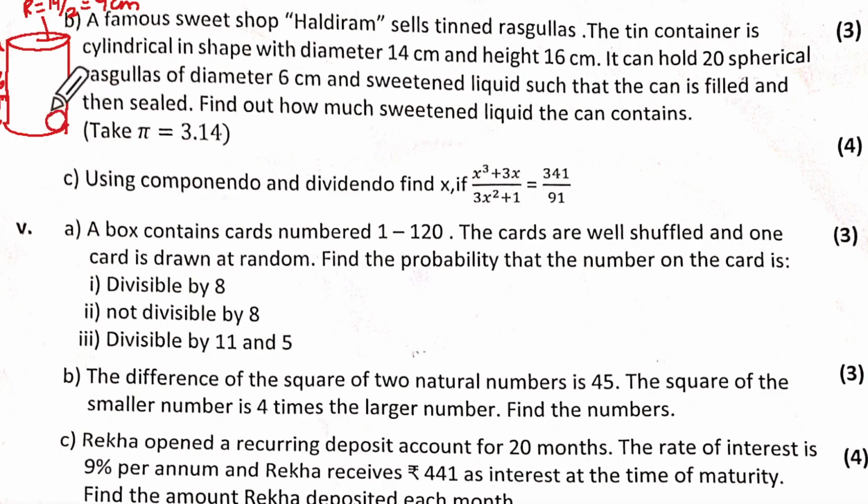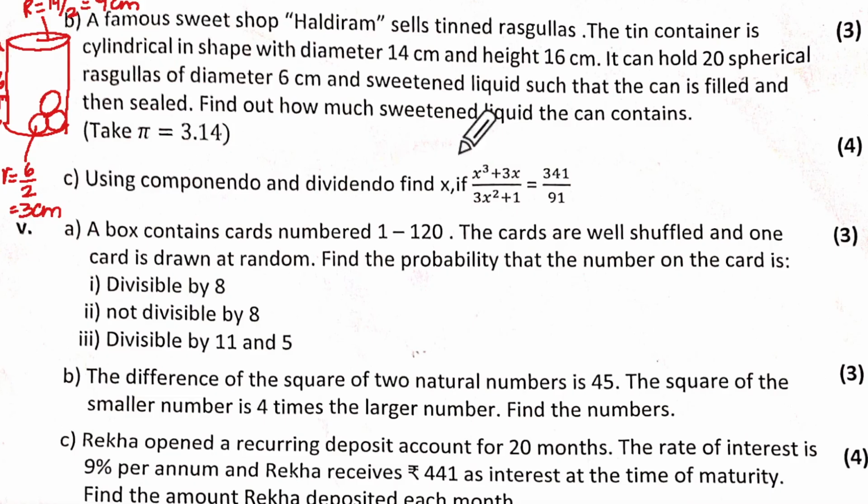So we have spherical rasgullas, and for each one, the small radius. You write capital R here, small r here. Make sure you do that. Don't write small r on both sides. Make a distinction so that the examiner does not get confused. Remember, the whole idea is that you should not confuse the examiner. So diameter 6 means radius will be 6 upon 2, which means 3 centimeter.